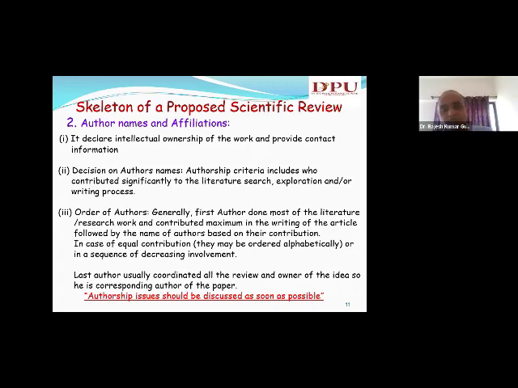So it is very important that when we start the scientific review or any paper writing, we should clear the authorship issues and the authorship order as soon as possible, and it should be discussed and clear.